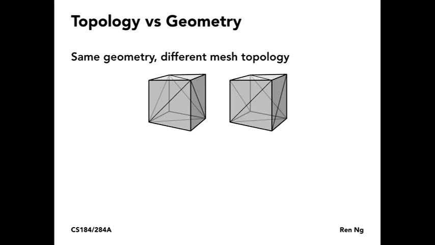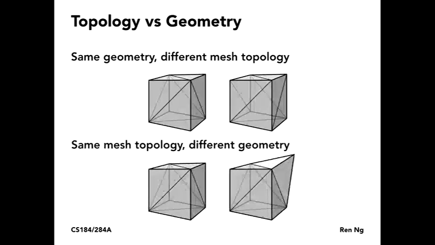The geometry is the shape of the surface. So these 2 meshes here have the same geometry, but different mesh topology. Many of these triangles are the same, but if you look at this face, there are 2 triangles this way, and if you look at this one, there are 2 triangles the other way. But if those vertexes are in the same place, then we would describe the same cuboid shape.